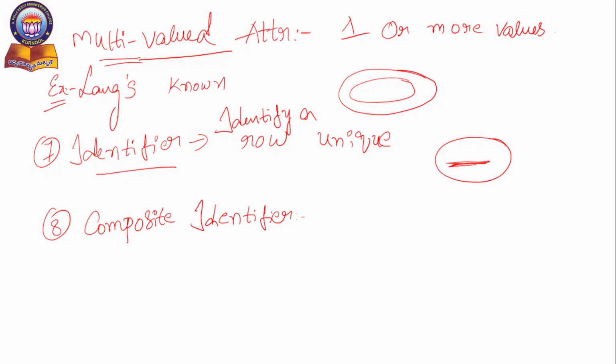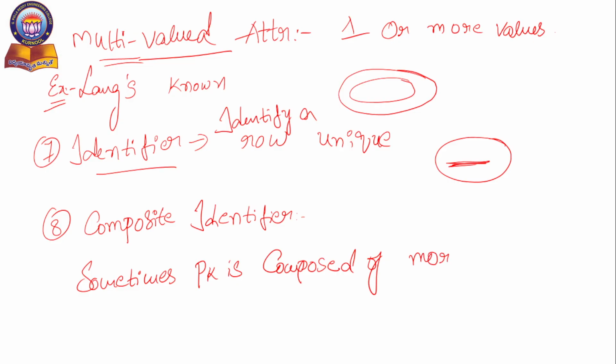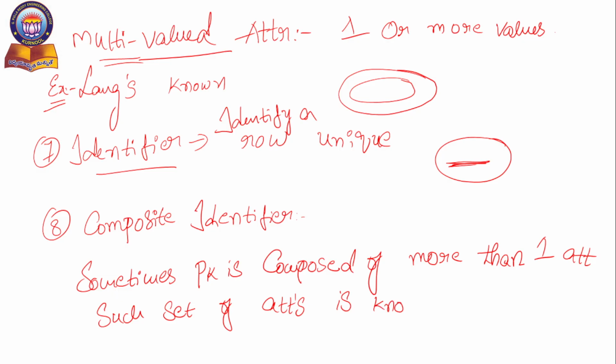Such a set of attributes is known as a composite identifier.